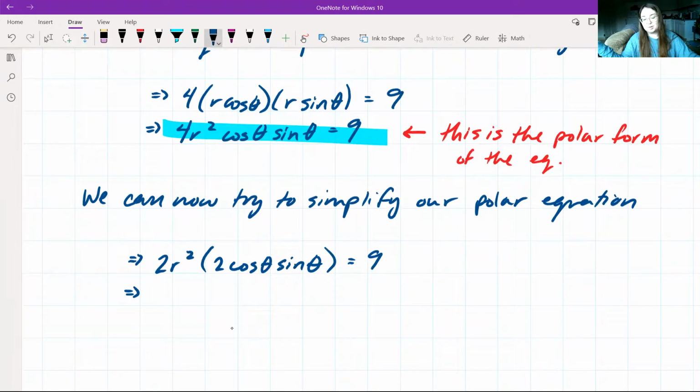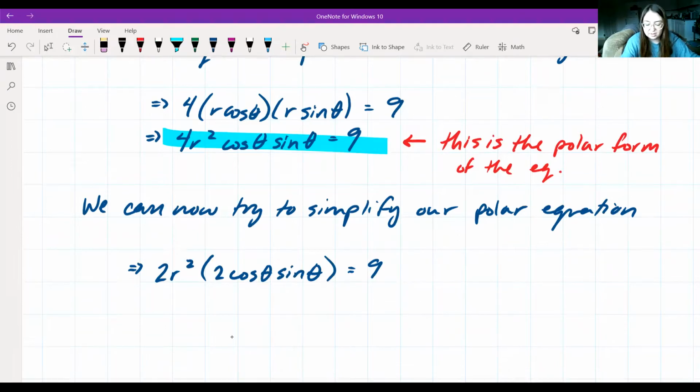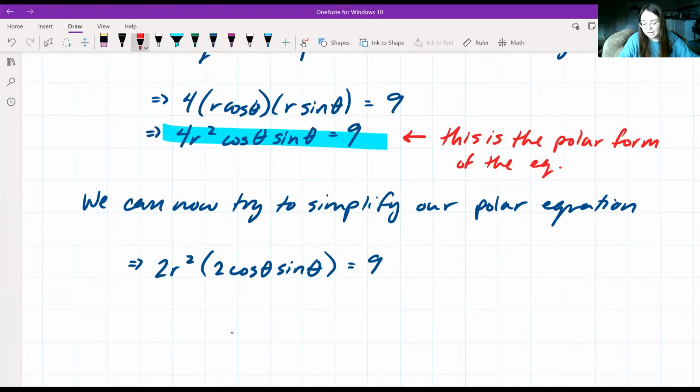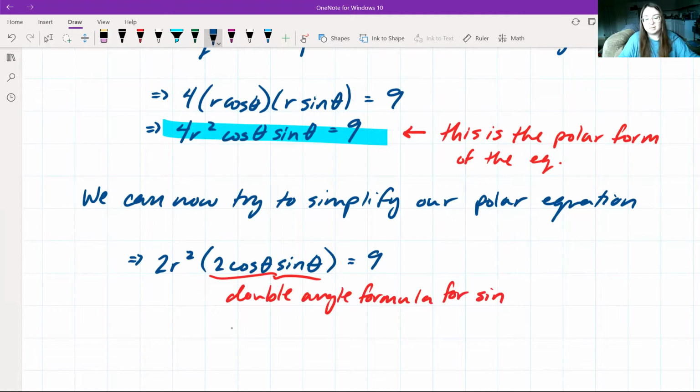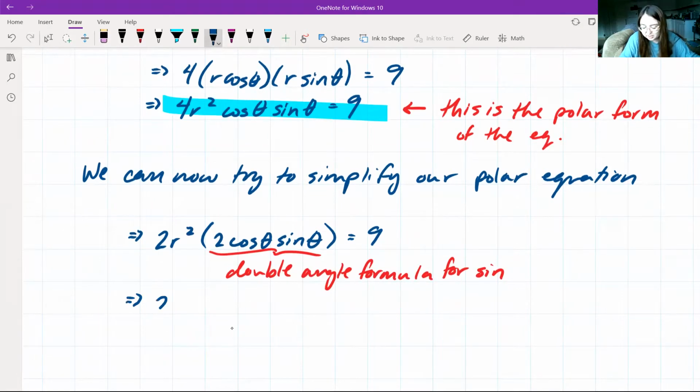And all we did here was replace 2 times cosine of theta times sine of theta. This, if you recognize, is the double angle formula for sine. So really we just identified something that we could have replaced and replaced it. So now we have 2r squared times sine of 2 theta is equal to 9. So this is technically our most simplified polar form.